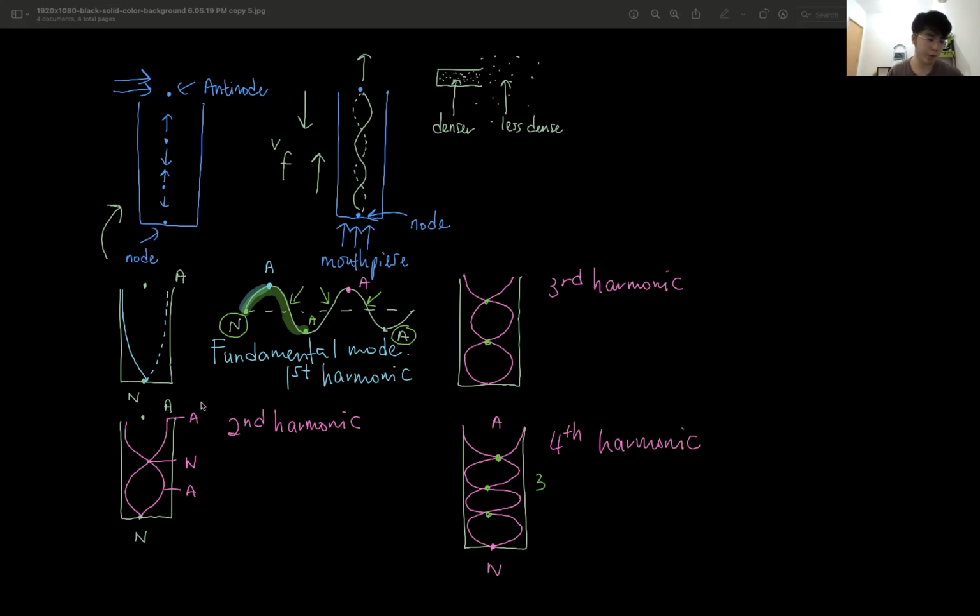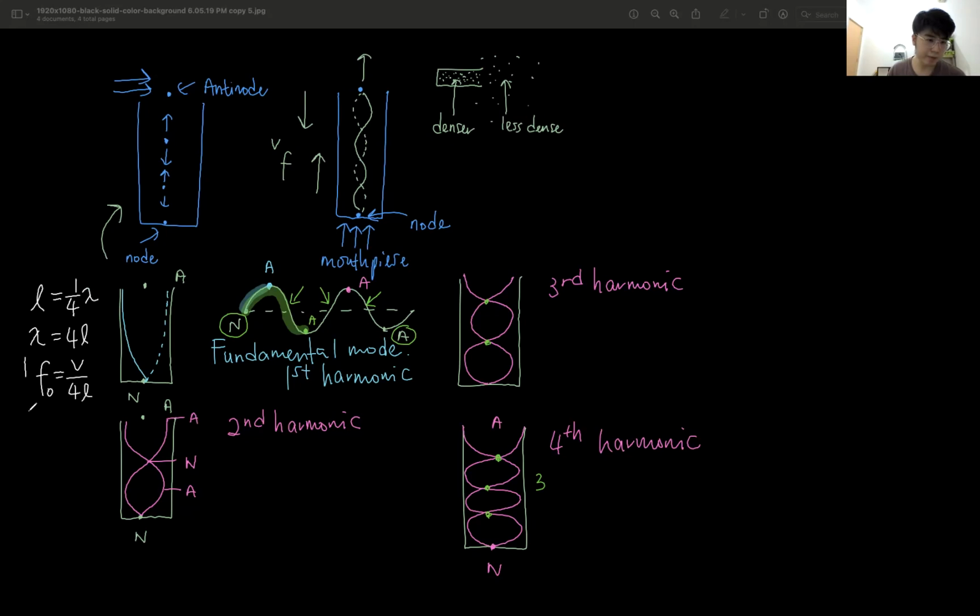Now to find the wavelength. The length of the tube here is equal to how many wavelengths? This is a quarter, right? This is a quarter of the wavelength, so 1/4 wavelength. Wavelength equals 4L. We do the same: frequency equals V over 4L.